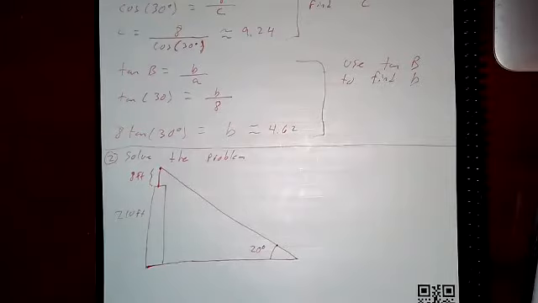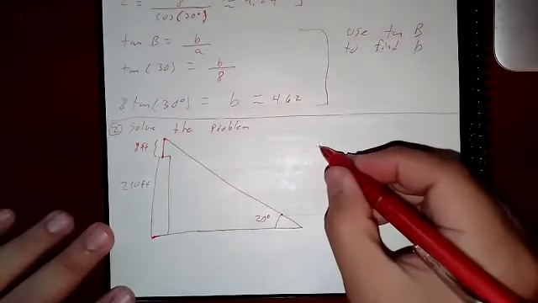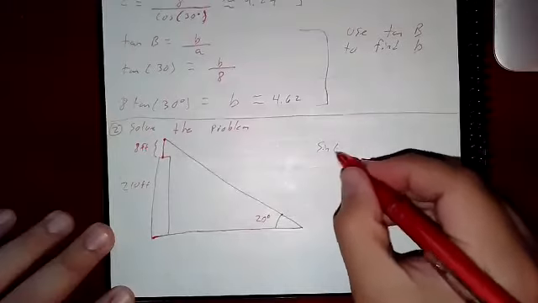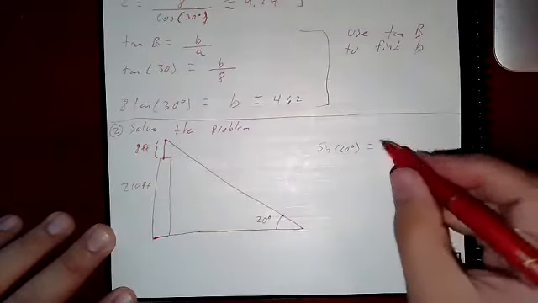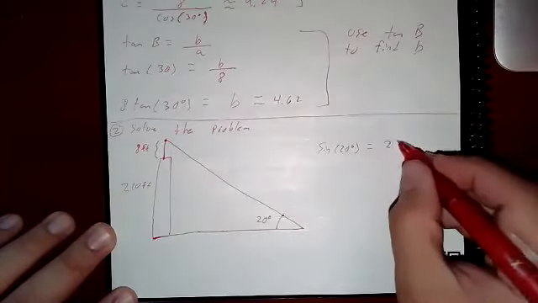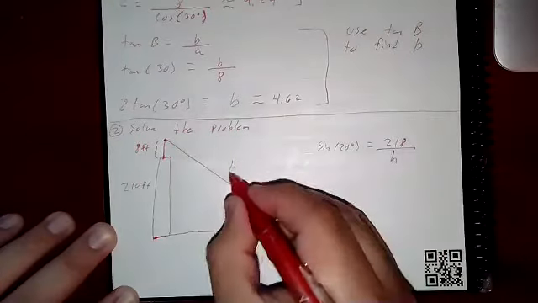I guess we could use cosine, I suppose, or actually sine would be better. If I make sine 20, opposite would be 210 plus 8. So it's going to be 218 over the hypotenuse. So I'm going to call this h.